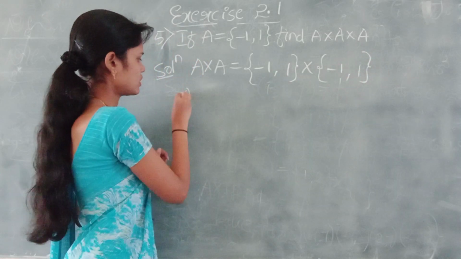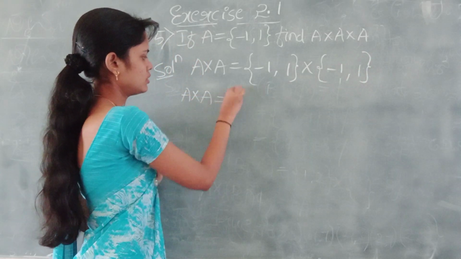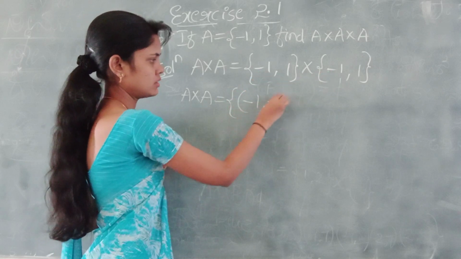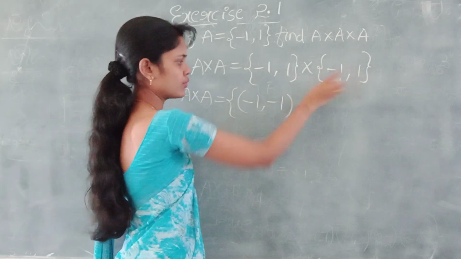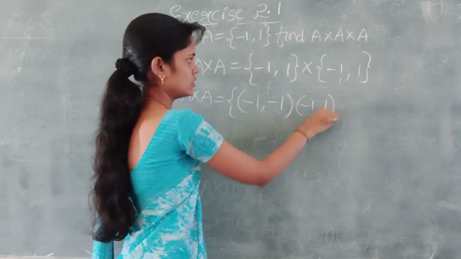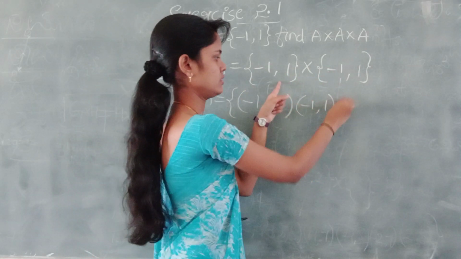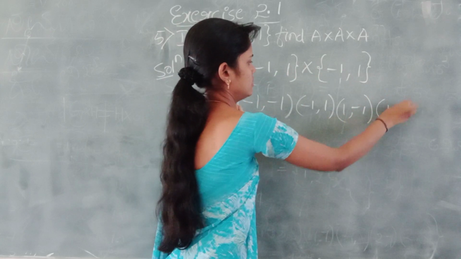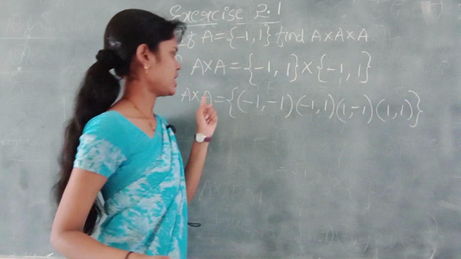Then A cross A is equal to the ordered pairs minus 1 comma minus 1, minus 1 comma 1, then 1 comma minus 1, then 1 comma 1. This is A cross A.